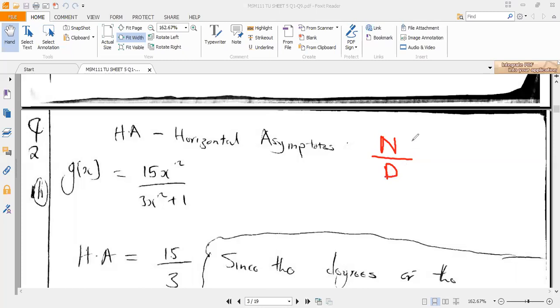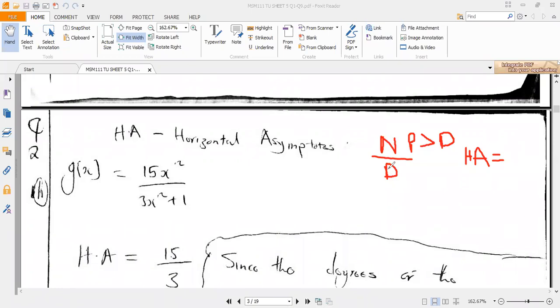So now when the power of this guy here is greater than the power on the denominator, what will your horizontal asymptote be equal to? When the power on the numerator is greater than the one on the denominator, this function will have no horizontal asymptote, isn't it? Because the power on the numerator here is greater than the one on the denominator.